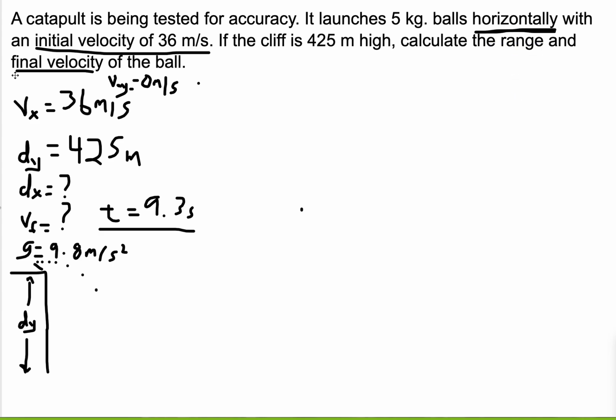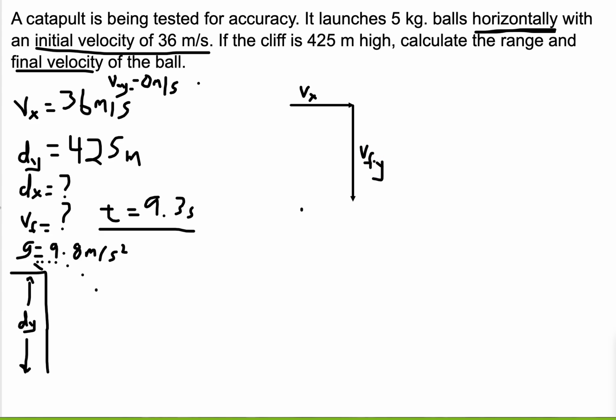Now it's asking for the final velocity of the ball. In order to find that, I'm going to need the velocity in the x direction, so that'll be Vx. I'm going to need the velocity in the y direction, the final velocity in the y direction, that will be Vfy.